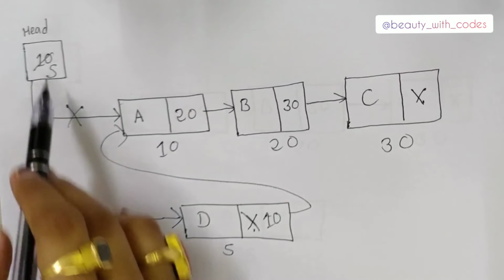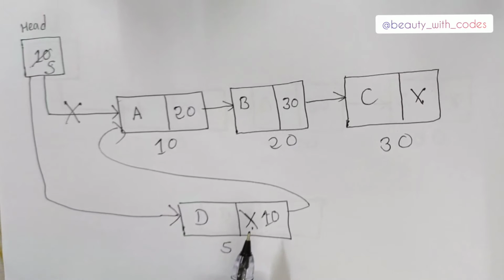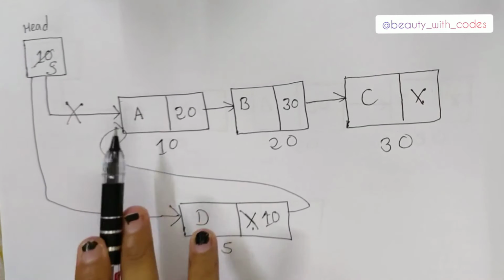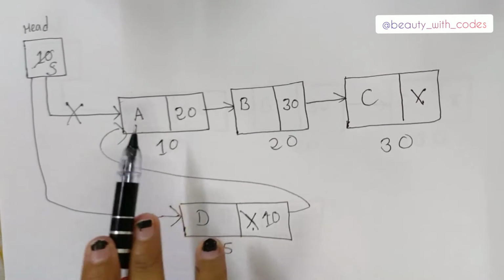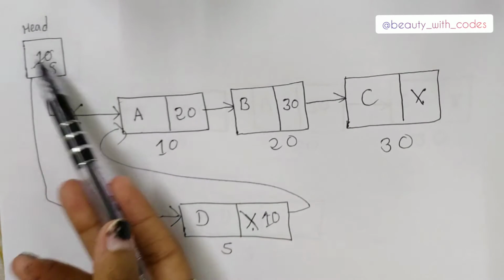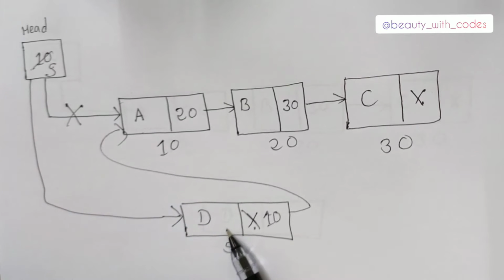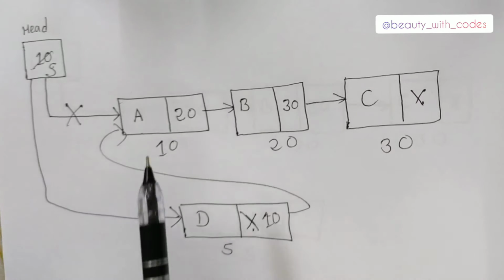The problem is, since head is pointing to D, that is fine, but now D has to point to A, but by that time there is no one to hold the address of A, isn't it? Because head is busy holding the address of D. Sorry, head is busy holding the address of D, so there is no one to hold the address of A.